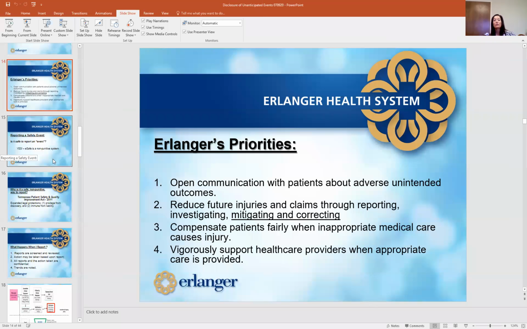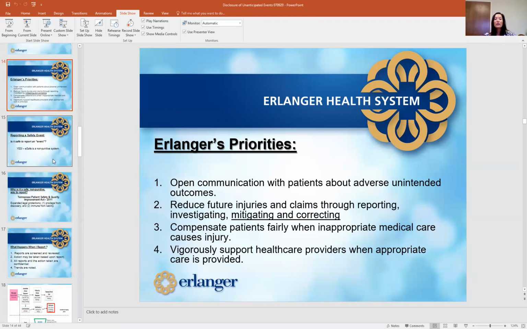Then number two, with the goal of reducing future injuries, and of course also from my legal standpoint, reducing claims, because now we're going to report these incidents, we're going to investigate them, we're looking at what can we do to mitigate the likelihood of it happening again, and let's put those corrections in place. And then third, rather than waiting for an inevitable lawsuit to be filed, we start talking to patients earlier now.